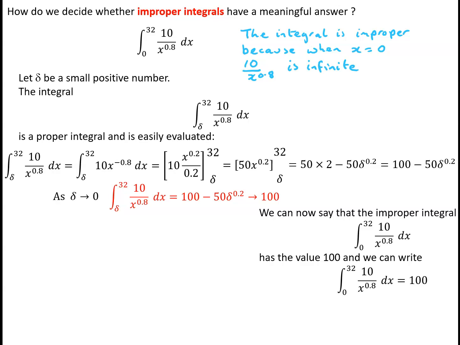So we can now say that the improper integral between 0 and 32 of 10 over x to the 0.8 takes the value 100, and we write it as the integral between 0 and 32 of 10 over x to the 0.8 equals 100.